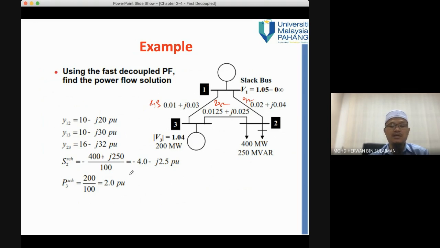So what needs to be done? First, even though R has a value, right? When you use fast decouple, we assume it is small, or that X is much greater than R. In reality it is not exactly so, but since we do fast decouple, we adopt the concept. So now you get Y12 as 10 minus j20, Y13 as 10 minus j30. And then first of all, you have to construct the Y bus.